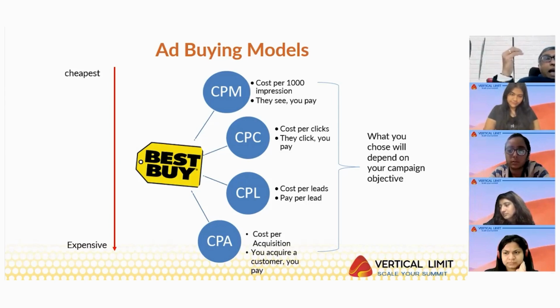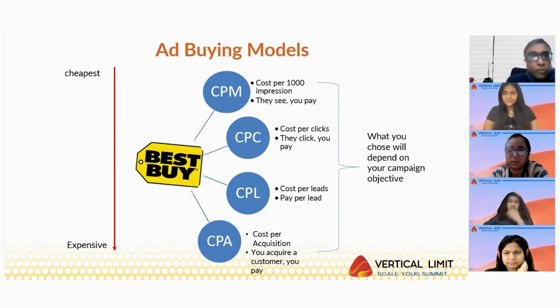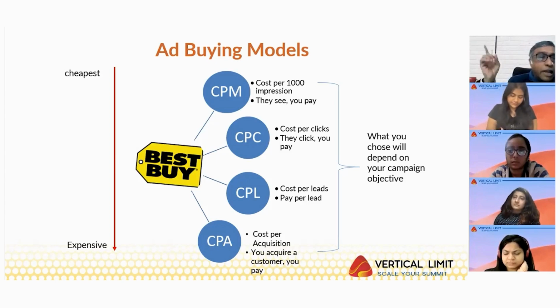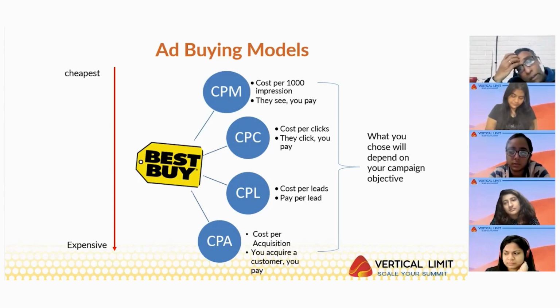Then as advertisers started getting more clever, they moved to a model called CPC. When anybody clicks, then only you pay. You don't pay for showing your ad. Over the years, what has happened is that you have other models coming into play. So you have cost per lead, or a CPL model, where you only pay when you get an inquiry.